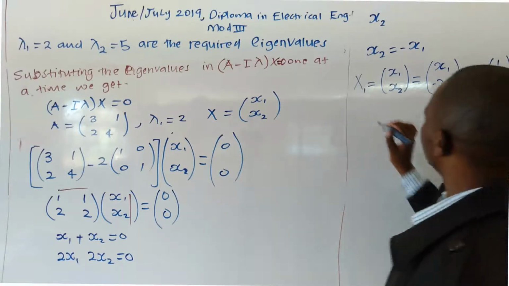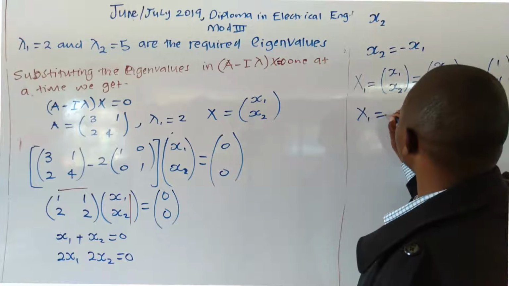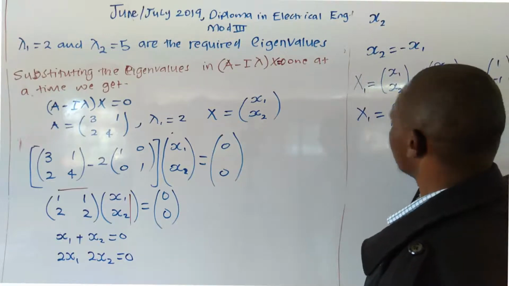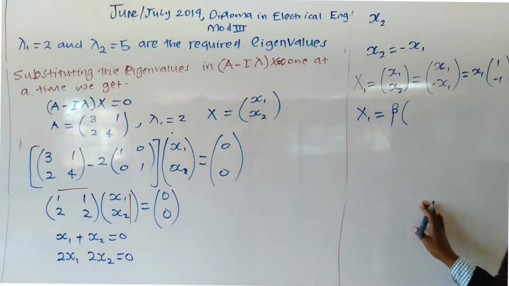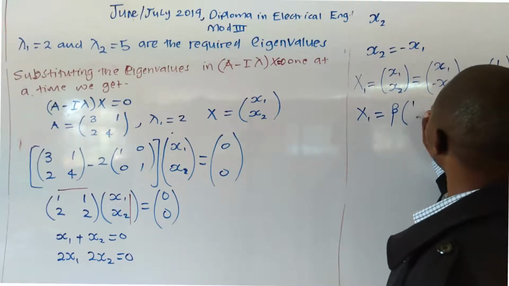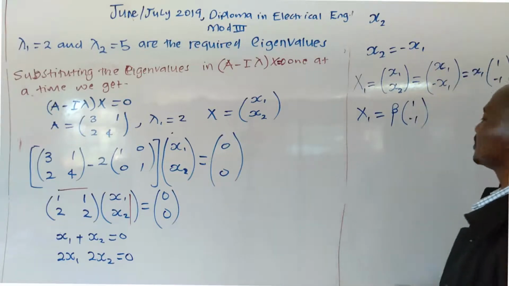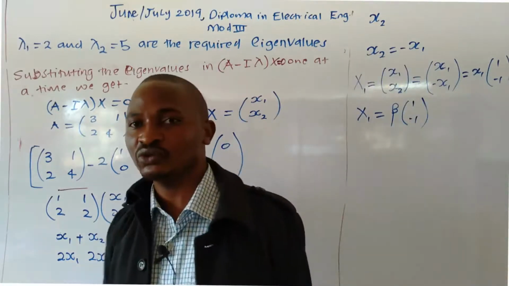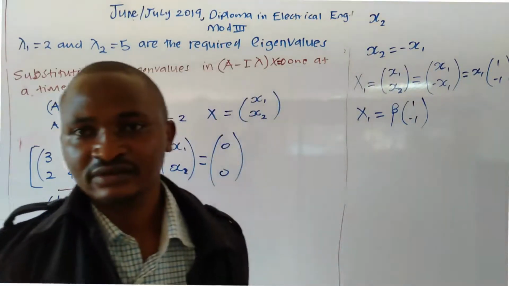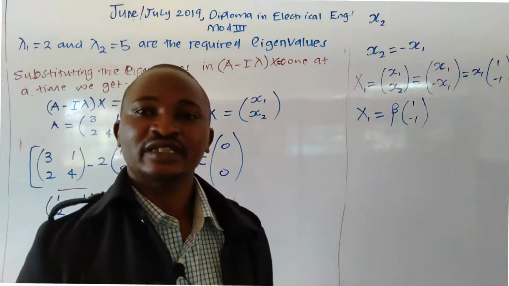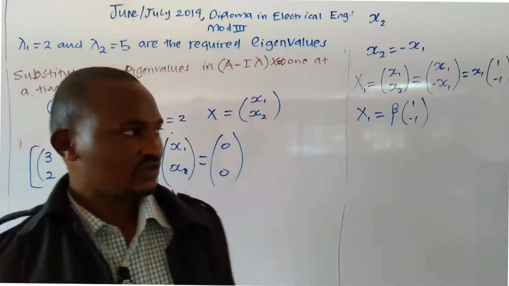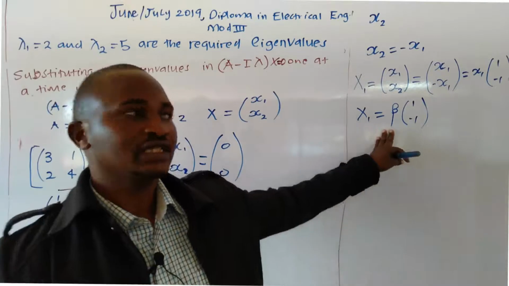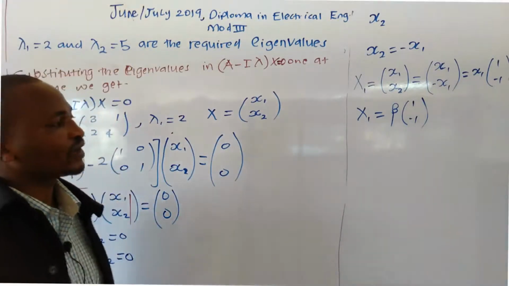But to be more general, we are going to say x1 is equal to a constant beta 1 times (1, negative 1), where this value could be any constant like 2, 6, 10. The eigenvector will take many different values. That's why we are putting it in a more general form.